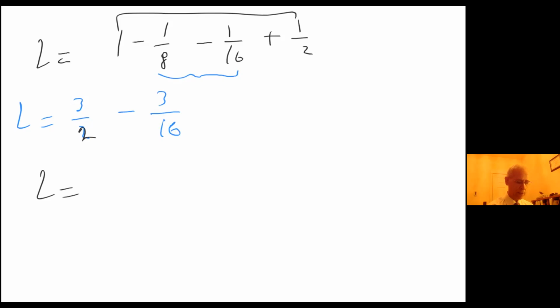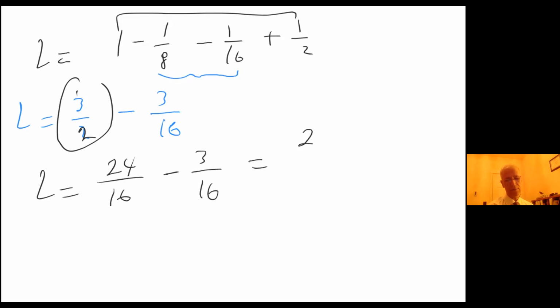I can write this as 3/2 minus 3/16. If I multiply top and bottom by 8, I get 24/16 minus 3/16 equals 21/16. Okay, that was an example of finding an arc length using integrals.